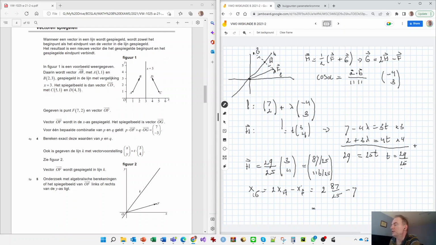174 divided by 25. I want to put it on an equal denominator. Well, actually, I only have to see if it's negative or not. So I don't need to do much more. But it's 7 times 25, is 175. What a miracle.